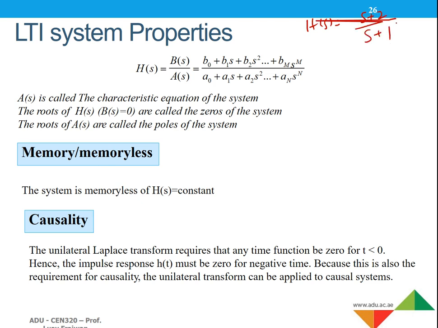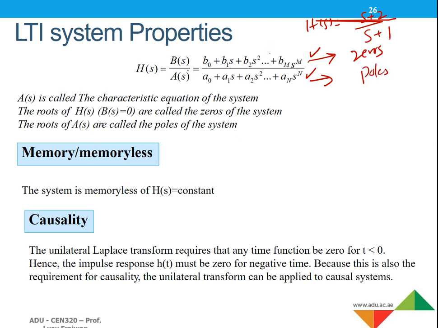In general, we can write this as a polynomial in the numerator and a polynomial in the denominator. If you put the numerator equal to 0, we get the zeros of the system, and if you put the denominator equal to 0, we get the poles of the system.